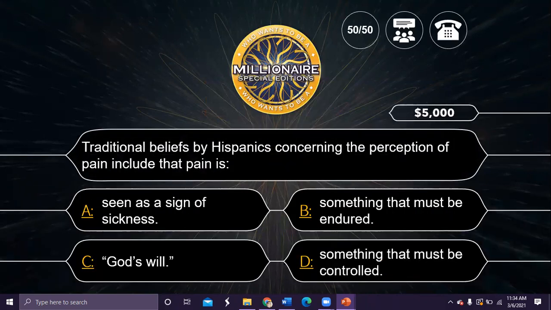Traditional beliefs by Hispanics concerning the perception of pain include that pain is seen as a sign of weakness, something that must be endured, God's will, or something that must be controlled. B. Do you want to use either of your other lifelines?